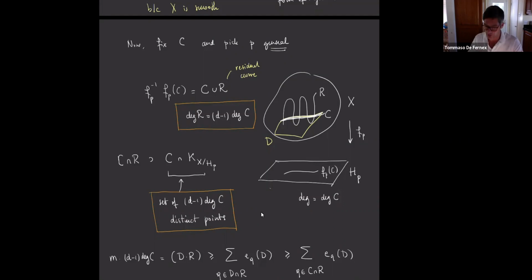So at the end of the day, in the first place you're going to look at something like D1 times D2 minus 1. But in the second case, I think you're going to look at something more like D1 plus D2 minus 1, maybe. I don't remember exactly. But somehow there is a discrepancy in the computation of the degree of the ramification with the computation of the degree of X.